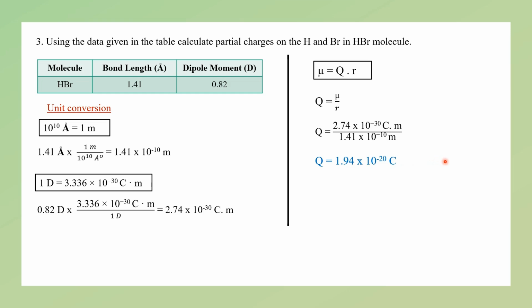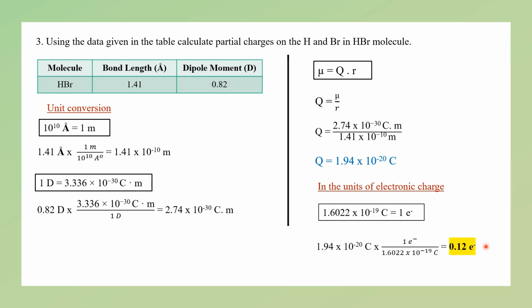Now we want to convert this coulomb into electronic charge. The equality is 1.6022 times 10 to the negative 19 coulomb, which we call 1 electronic charge. So let's convert the Q amount we calculated in coulomb into electronic charge.